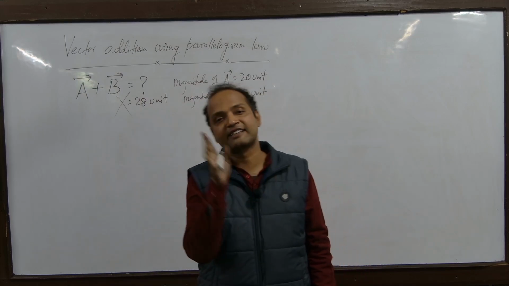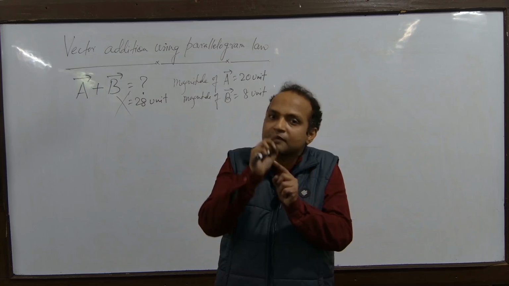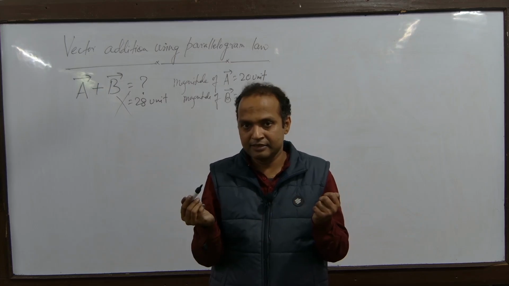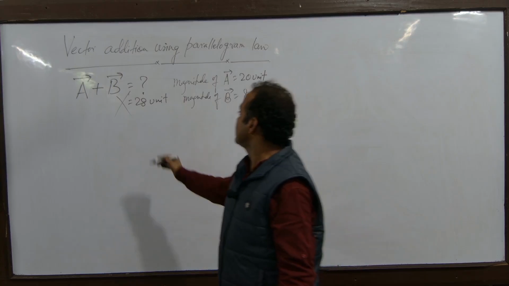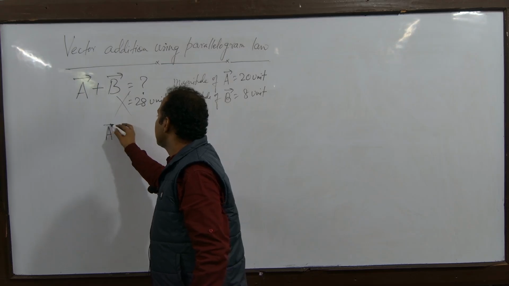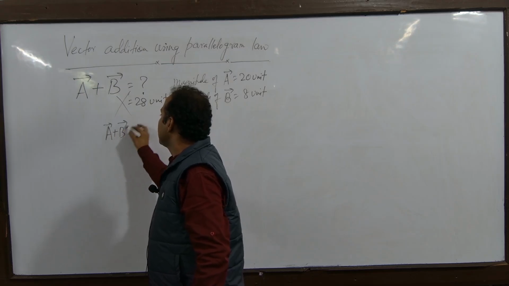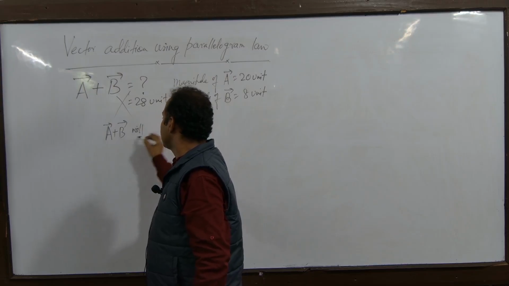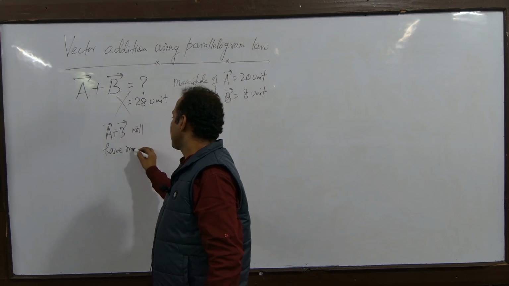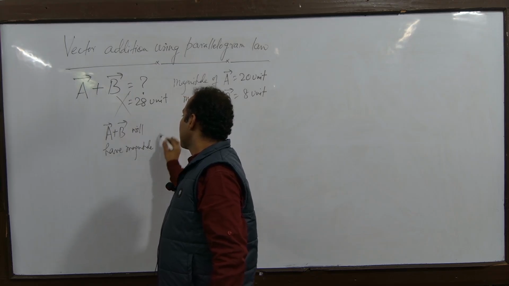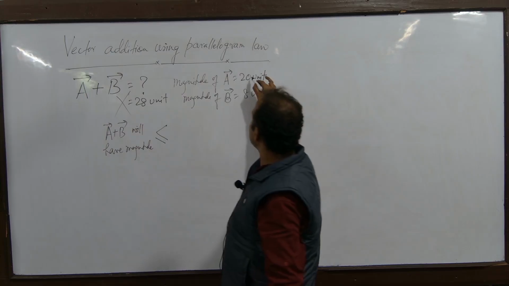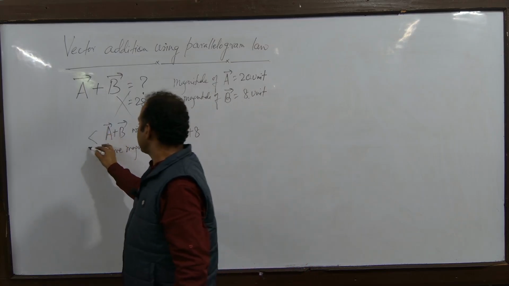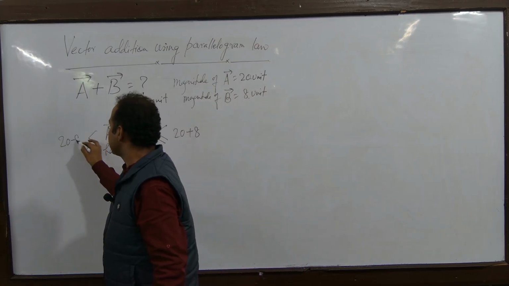Vectors are not added directly. You have to apply some law, a different law for vectors. Okay, you can't add. In fact, I have already told you, a plus b will have magnitude lying between 20 plus 8 and 20 minus 8.